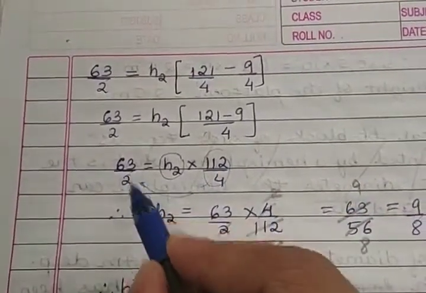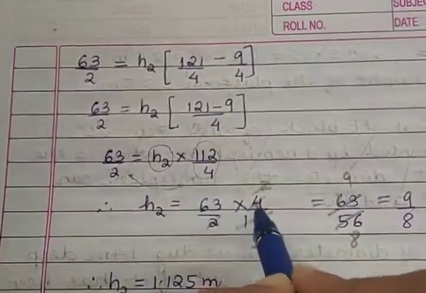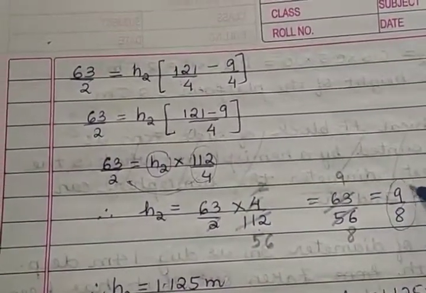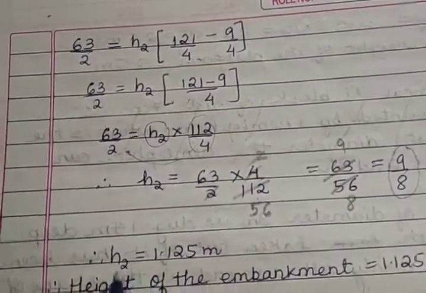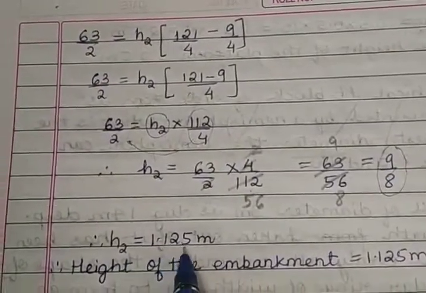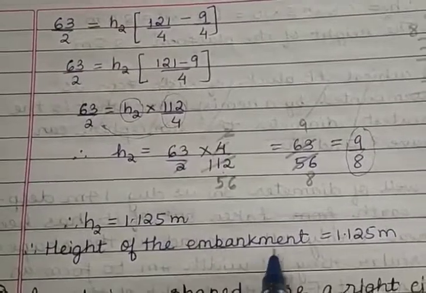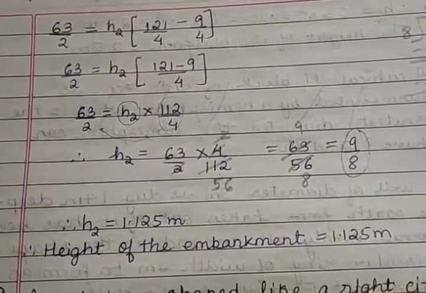So I get 63/2 multiplied by 4/112, and on simplifying, I get 9/8. Therefore, H2 is 1.125 meters. Therefore, the height of the embankment is 1.125 meters.